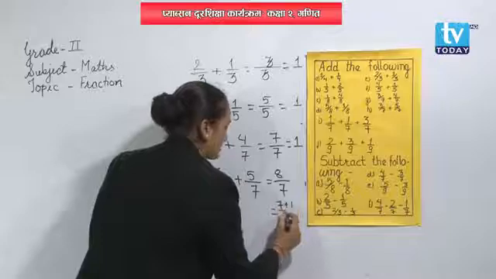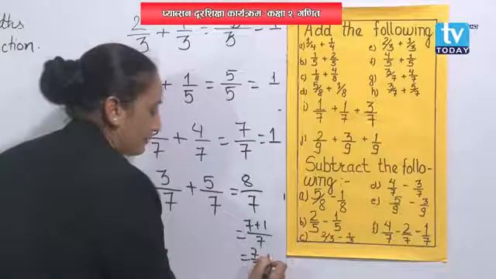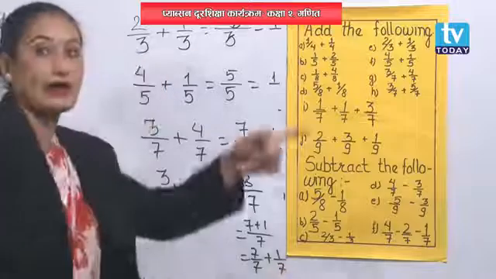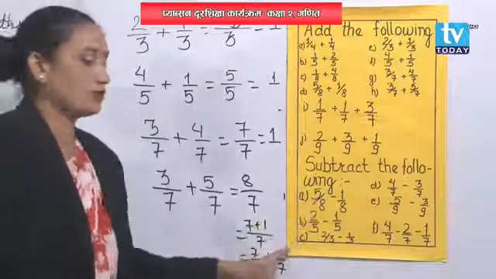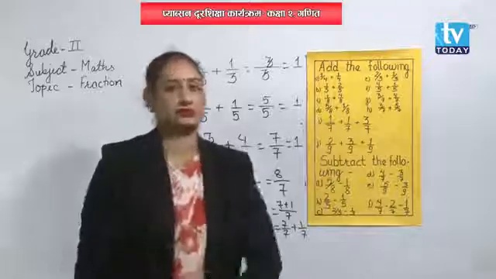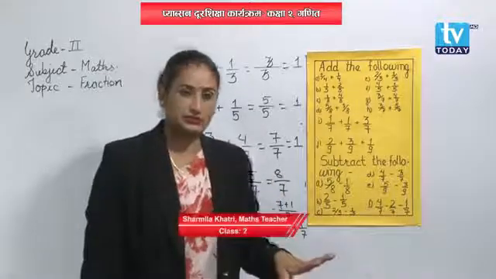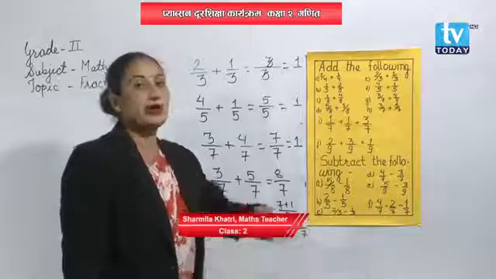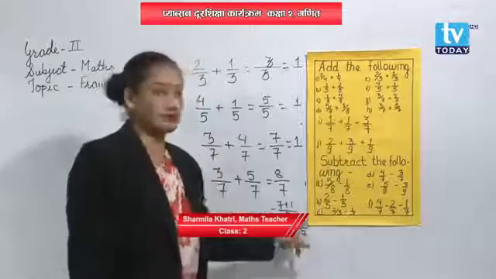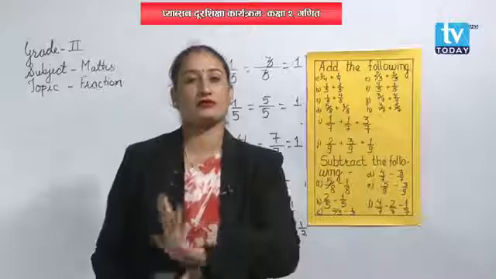7 plus 1 is 8, so 7 by 7 means one whole apple, then 1 by 7 is in another apple, 1 piece we have taken and still 6 pieces are left over there in the plate. So, one whole apple is already finished, and from another apple 1 piece is taken, and the remaining 6 pieces are still over there.